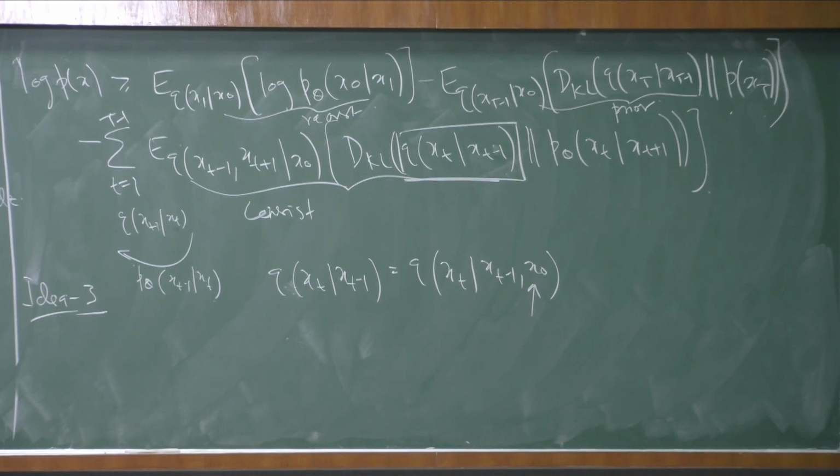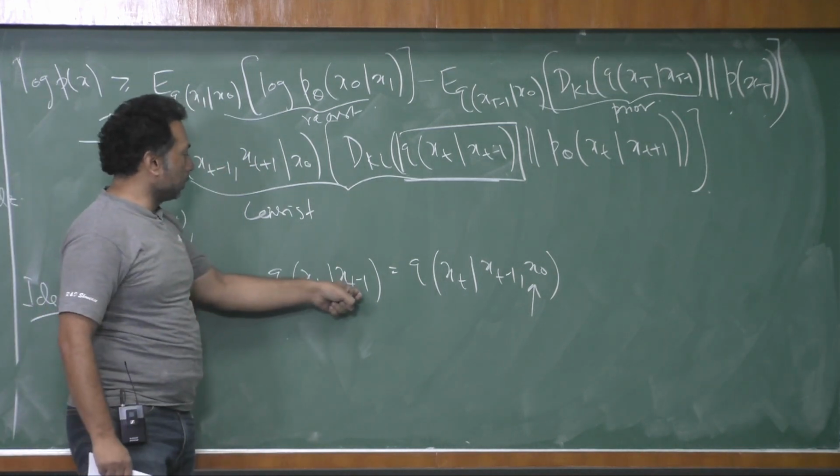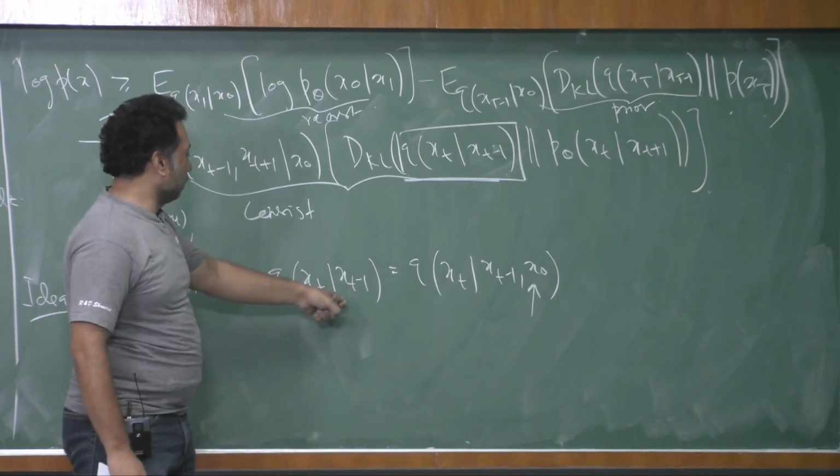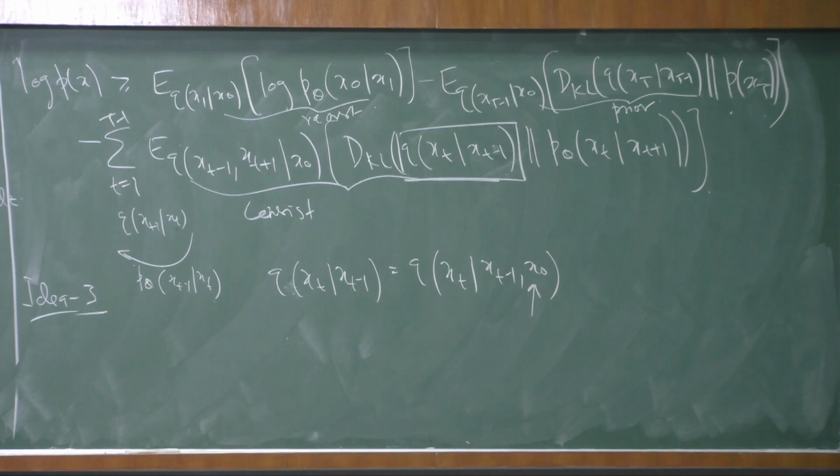So this is the main idea where you put this additional x naught there, and we are still saying it's equal because it's Markov. The Markov property says that x_t depends only on x_{t-1}. So I'm allowed to put x naught, or even other previous terms, because Markov only depends on t minus 1, the immediate previous one.